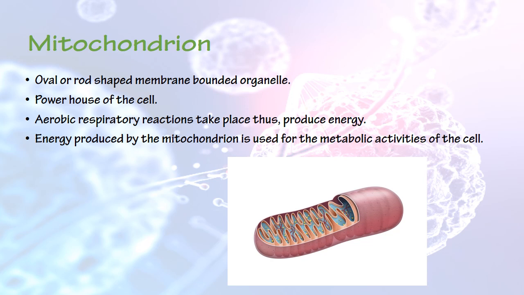Powerhouse of the cell: as the nucleus is the controller of the cell, the powerhouse of the cell is the mitochondria. Aerobic respiratory reactions take place and this produces energy. Energy produced by mitochondria is used for metabolic activities of the cell.